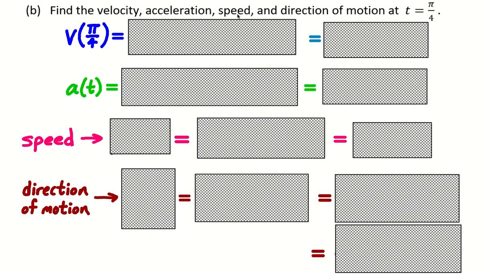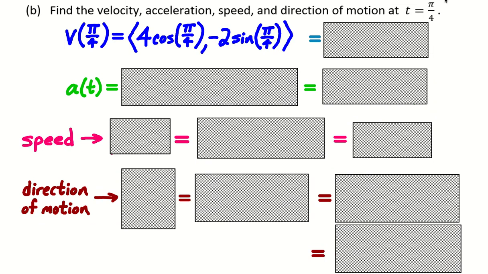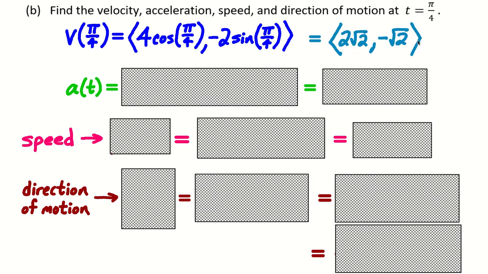Speed is just going to be that one number, but velocity is given as a vector so that it can describe not only the speed but also the direction, because the direction is included in velocity. So for velocity and acceleration, these first two parts are super simple. All you're going to do is plug in that value for t. Use your calculator to help you, and boom bam, there's the velocity vector.